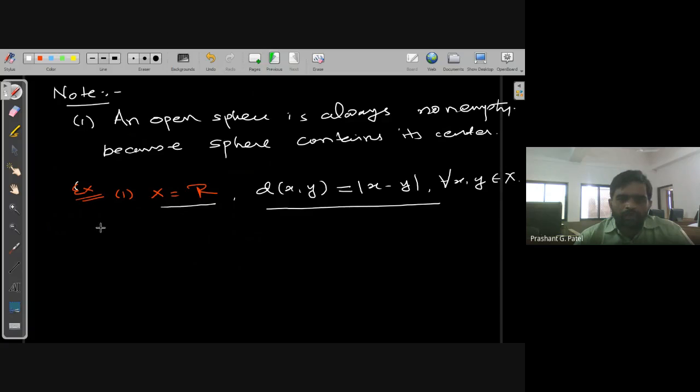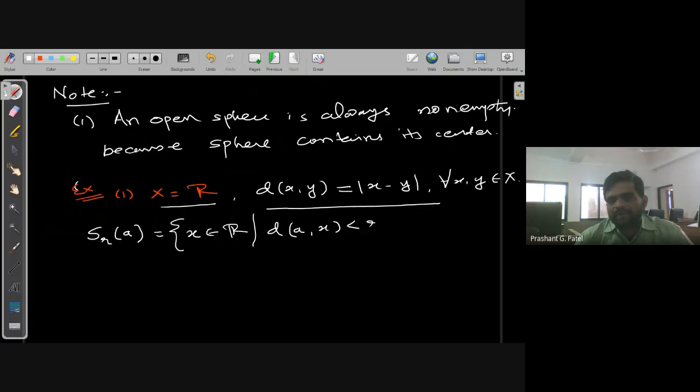Then what will be S_r(a)? Let us see by definition. By definition, it is the set of all points x in R such that the distance from a to x is less than r. This is the definition of the open sphere.